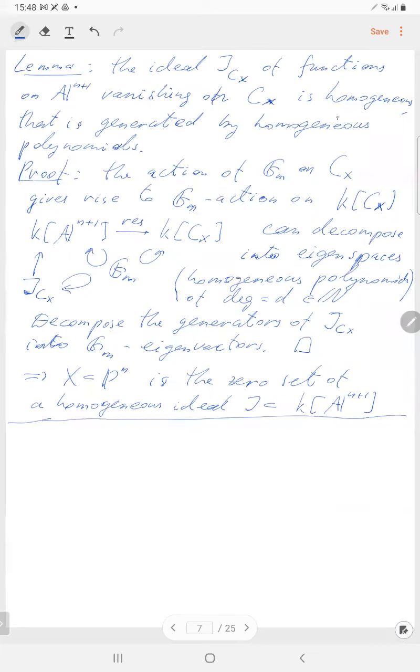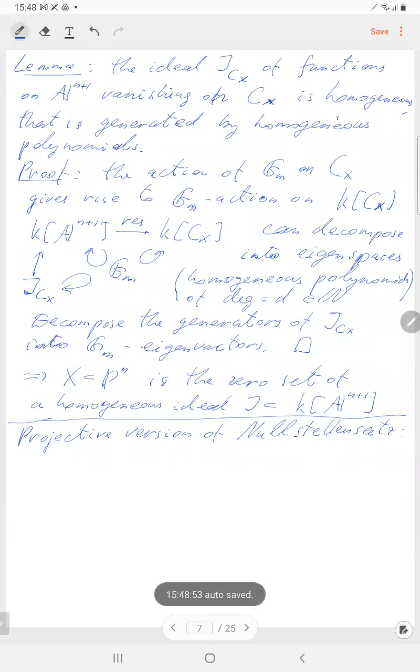Yeah. Okay. So the projective version of the Nullstellensatz. Say we have an ideal J in polynomials in n+1 variables, but it's a homogeneous ideal.